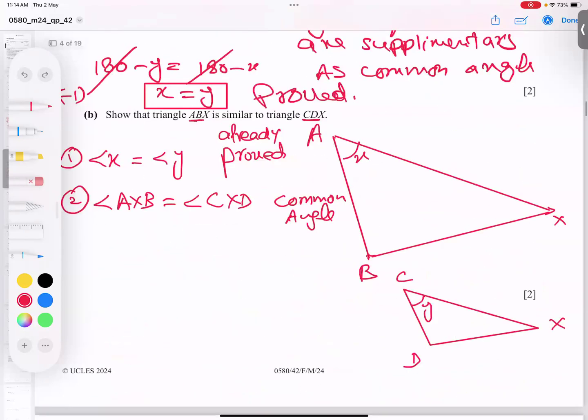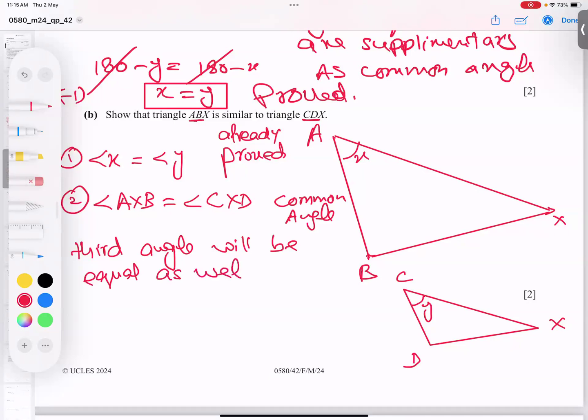That is why, when two angles of the triangles are equal to each other, understood, the third angle will automatically be equal as well. So we can say that the third angle will be equal as well. What is the reason? Or if you don't like to write the statement, there's a technical statement.